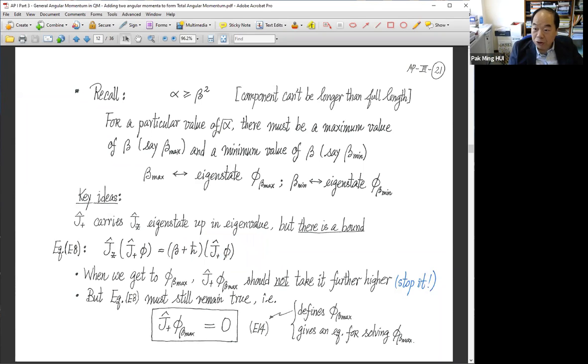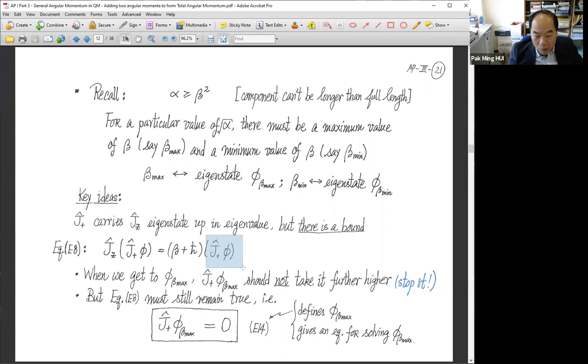So in order to stop the raising of the Z component, the argument is as follows. Sooner or later, phi will reach phi beta maximum. At that point, this state already has beta maximum eigenvalue for the Z component. Now, we don't want it to go out of bound.